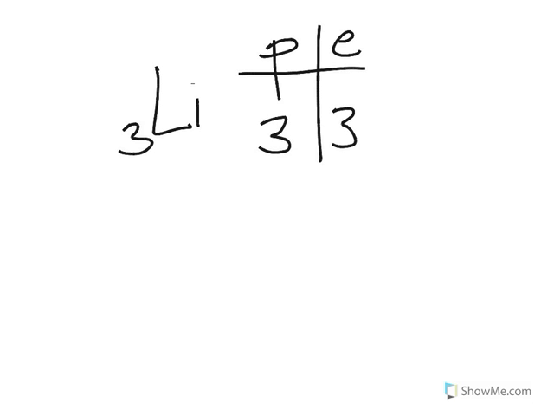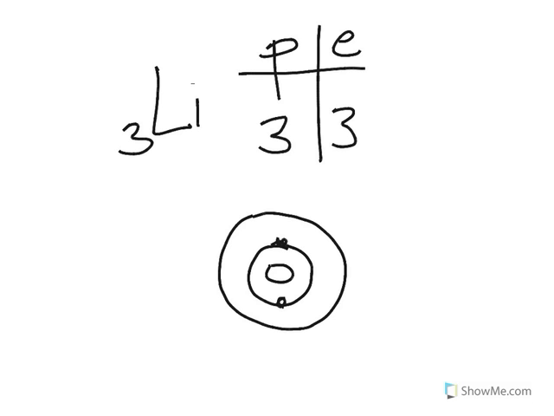I know it doesn't have a charge, so if we take a look at lithium, in its first energy level, there should be a total of 2 electrons right here. And this will be the nucleus right there. And on the second energy level, there happens to be 1 electron in its outermost energy level. So the number of valence electrons lithium has is 1. So it's 1 valence electron.